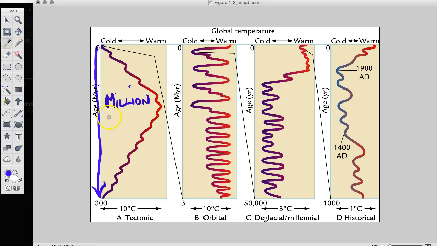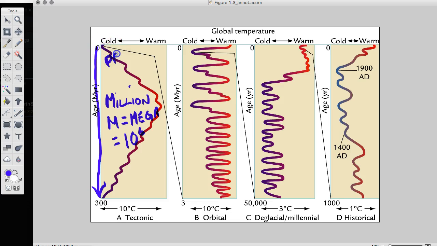Or in scientific notation, that capital M is equal to mega, or 10 to the power of 6. That is a million.